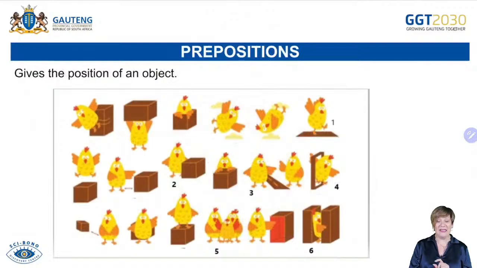So you'll see I've numbered a few of them. In the first row, there's a little number 1. And the second row, we've got a number 2, a 3, and a 4. And in the last row, we've got a number 5 and 6. So I'm just going to give you a few seconds, and I want you to find the preposition that is shown by our little chicken here.